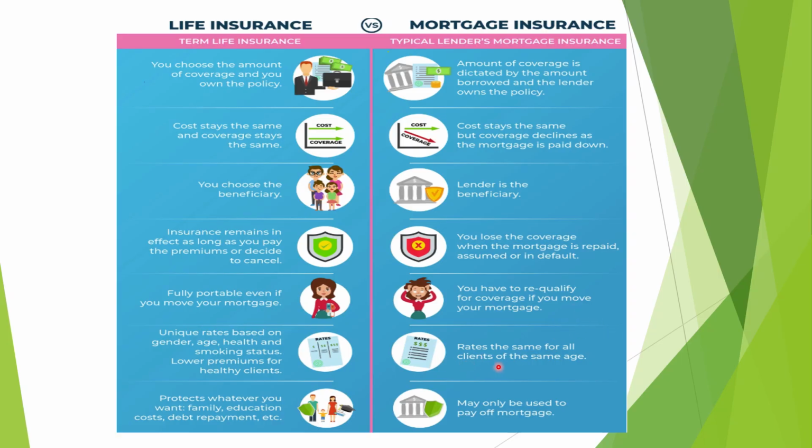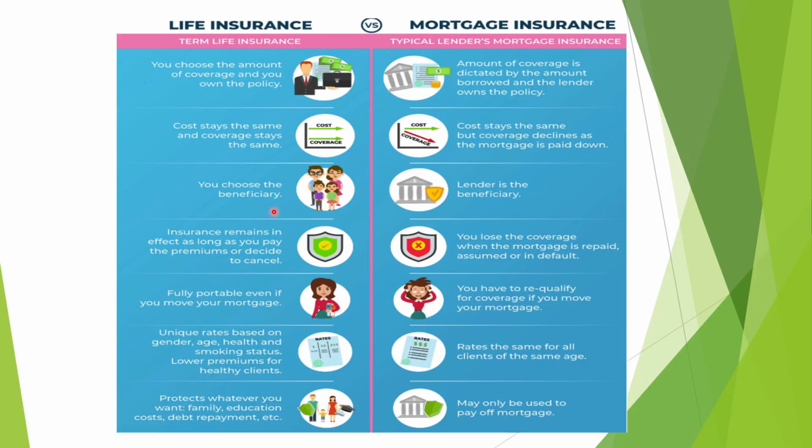The same $1 million home purchased by a 55-year-old has the same premium, because mortgage insurance only takes care of the mortgage. So it's the same for all ages.